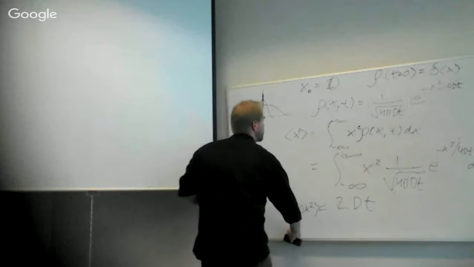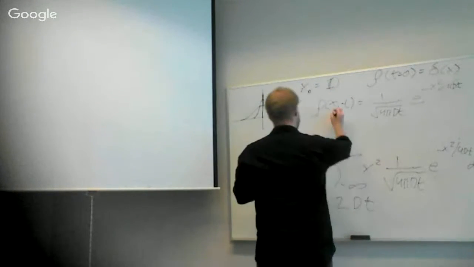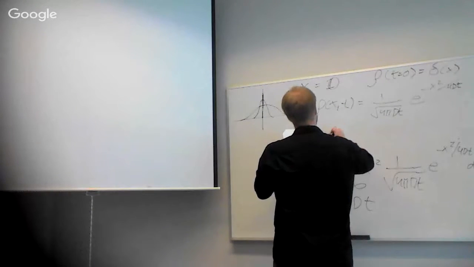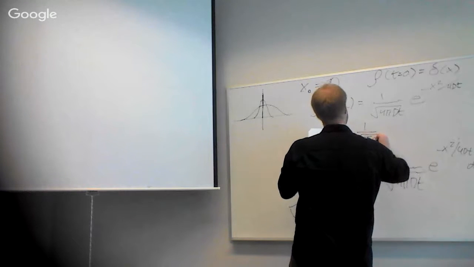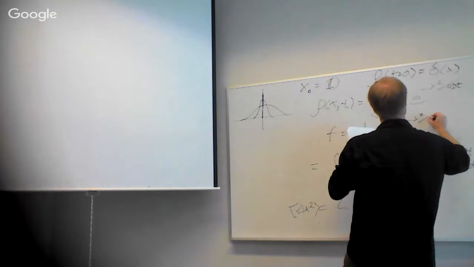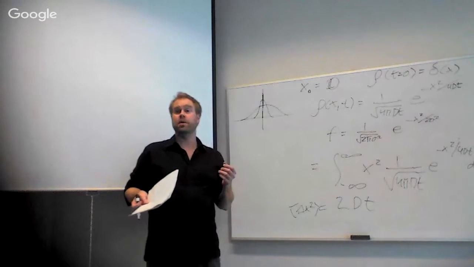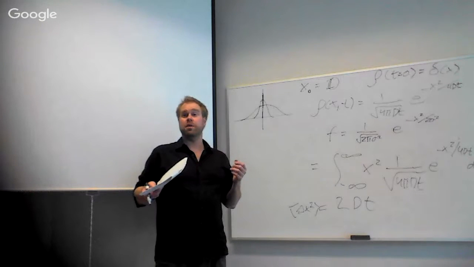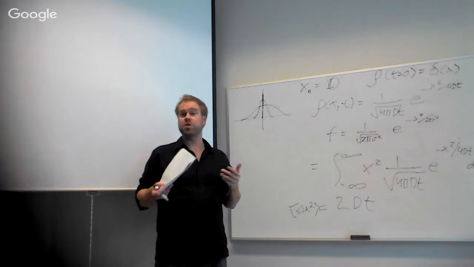Well, how else can we see this? In fact, we already knew this, because if we have a normal distribution, a Gaussian distribution, the general form is 1 over the square root of 2 pi sigma squared, e to the negative x squared over 2 sigma squared. What's sigma here? Standard deviation. Yeah. Sigma squared is the variance.